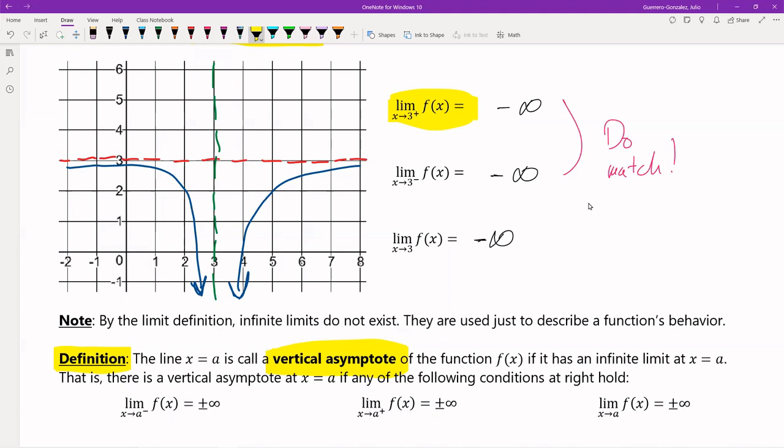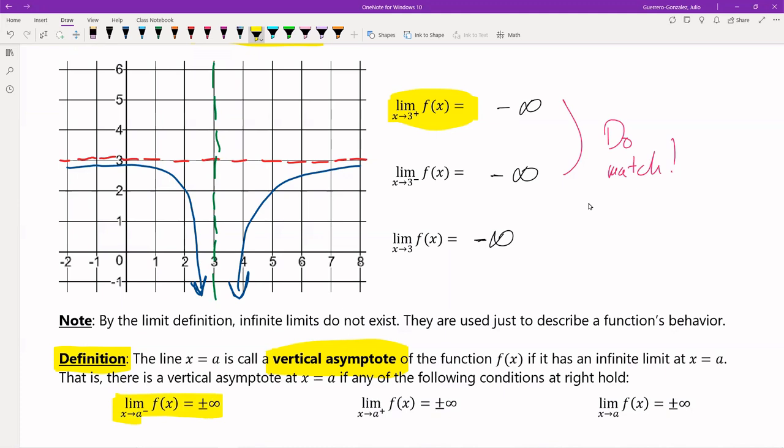But sometimes, if you remember in pre-calc, you had functions that did cross the horizontal asymptote, right? And you probably asked yourself, well, it crossed the horizontal asymptote. What gives, right? It's because we didn't have the proper notation, the proper definitions to describe what an asymptote is, okay? And now we do.